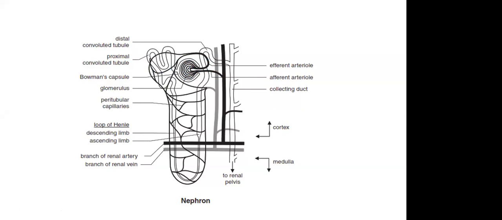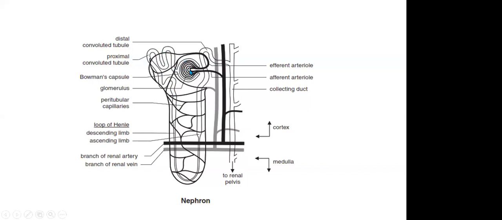Peri meaning around, tubular meaning the tubes. So it's a network of blood capillaries surrounding the tubules, the tubes that are coming off from the Bowman's capsule.